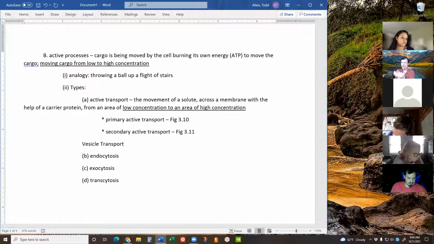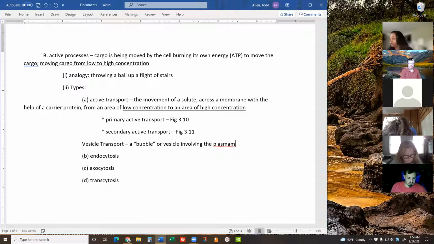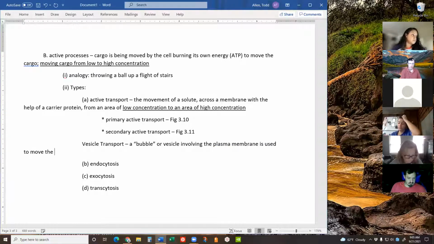A vesicle, a structure involving the plasma membrane of the cell, is going to be used to actually move the cargo. A quote unquote bubble or vesicle involving the plasma membrane is used to move the cargo.